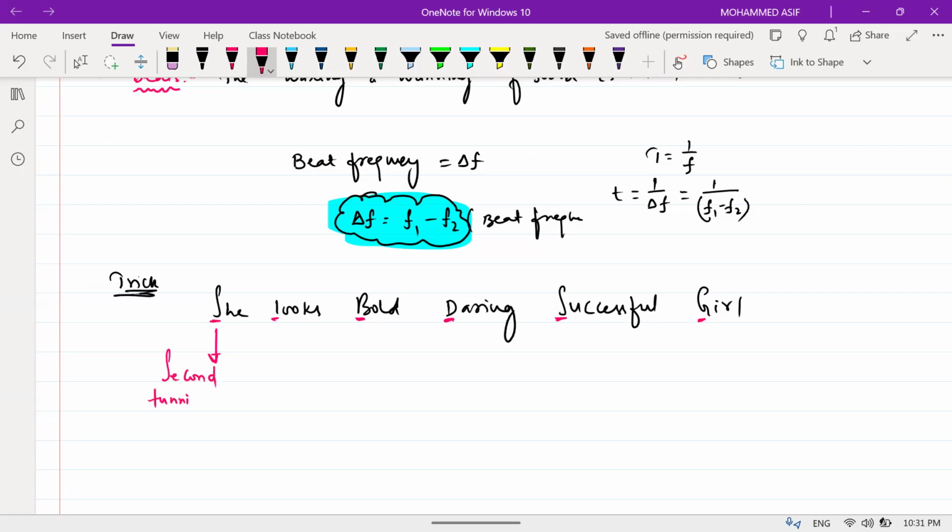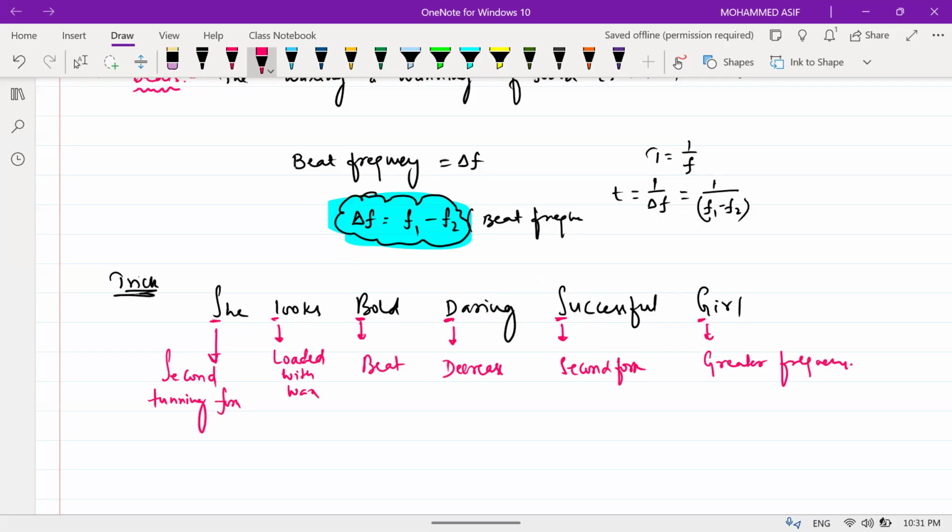L represents loaded with wax. B represents the beat. D represents decrease. S represents the second fork. And G represents the greater frequency.